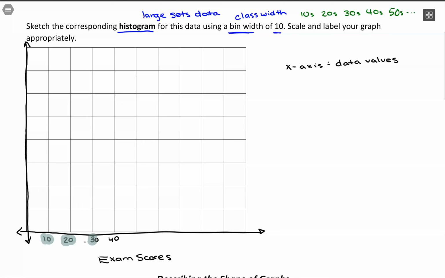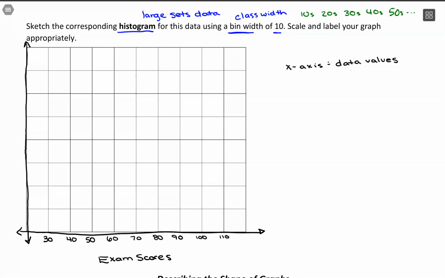So we could have written it all out, but I just want to show you this way that we could jump to 30 and then start using our units of 10. So 30, 40, 50, 60, 70, 80, 90, 100, 110.